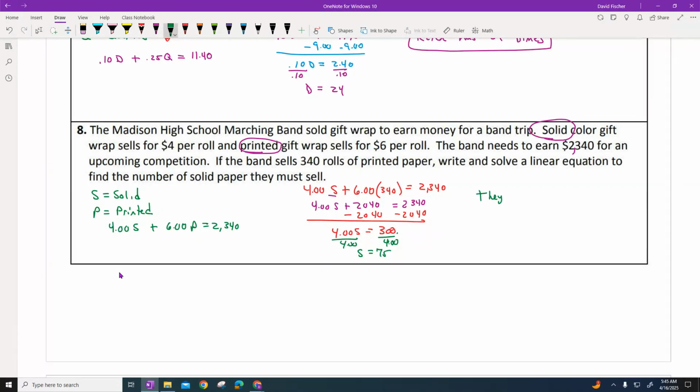These guys' units are rolls of solid wrapping paper. And there you go.